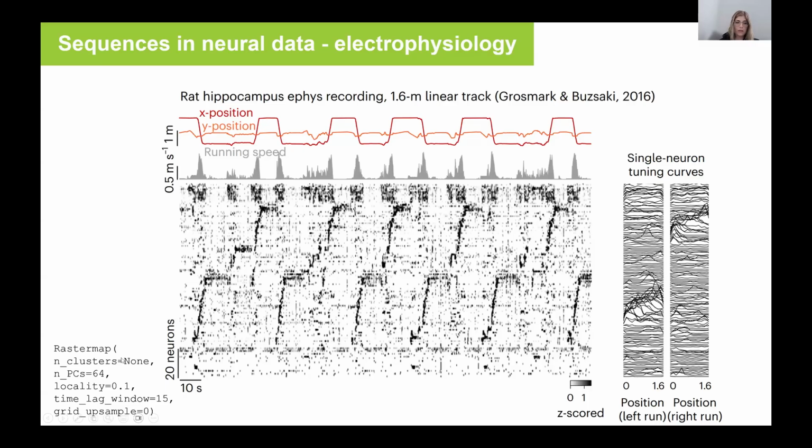So the number of the clusters is set to none in the algorithm. What you can see is that the inhibitory neurons, the fast spiking putative inhibitory neurons and the regular spiking neurons are actually separated by Rastermap here, and you can see their different profiles. So this can be a helpful way to visualize your data across trials in ePhys data.